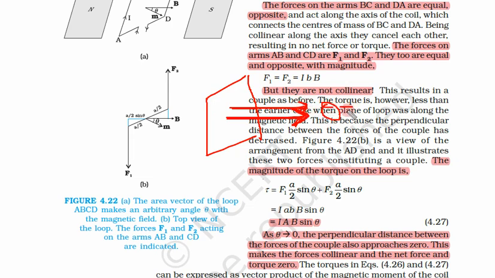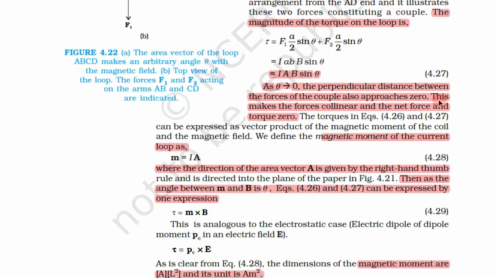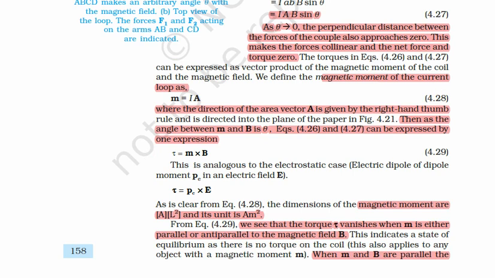So theta is equal to 0 in that case. If theta is 0, that means IAB sine theta is equal to 0, torque is also 0. That means this is perpendicular to the magnetic field. This makes forces collinear and the net force and torque both are 0.